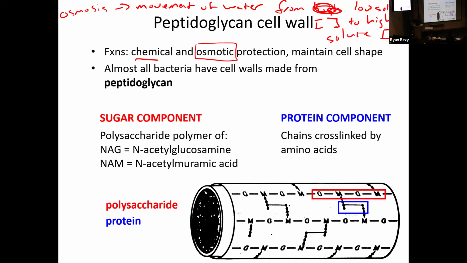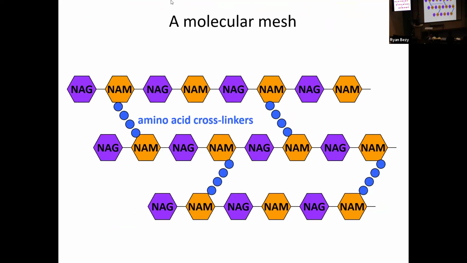Again, this is just a different way of showing this. It's just repeating units of NAG and NAM sugars to build a polysaccharide chain, a second polysaccharide chain, a third polysaccharide chain. And then those polysaccharide chains are joined to one another by these amino acid cross-linkers. Any pattern you guys see with the amino acid cross-linkers?